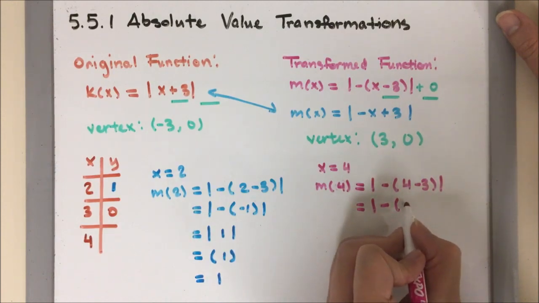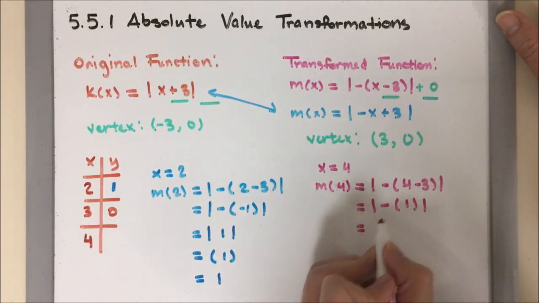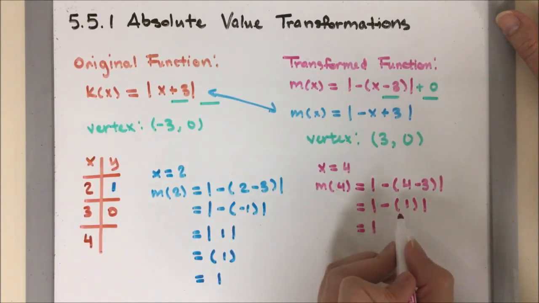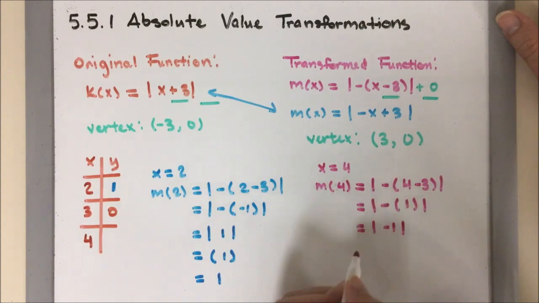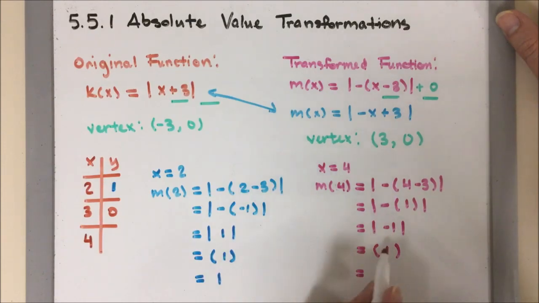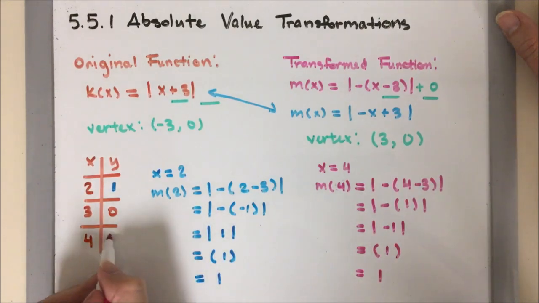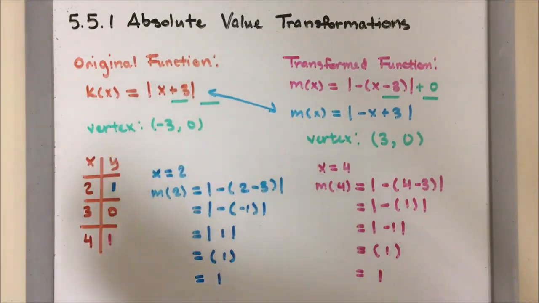So 4 minus 3 is positive 1. Then continue to work inside the absolute value. So negative times positive 1 will make it negative 1. And again, the absolute value makes the number inside become positive. So I'm going to have parenthesis positive 1 close parenthesis. Since I don't have anything to distribute from the outside, I'm going to drop the parenthesis and just write the number, so positive 1. Alright, so I got my corner points right here.